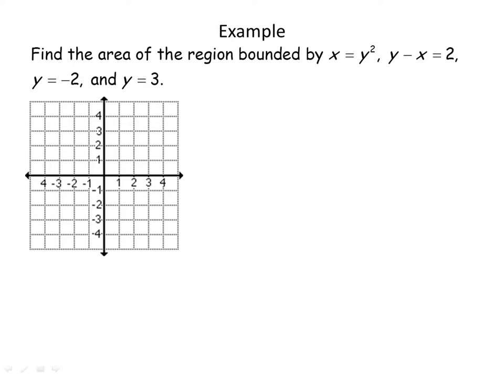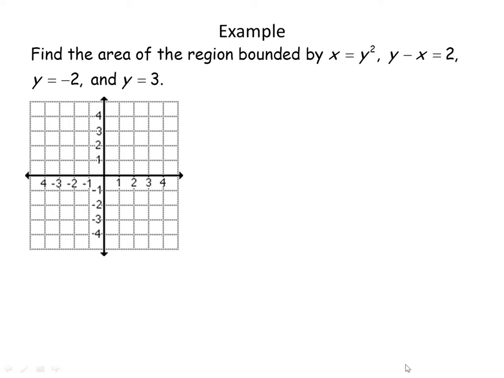I, for one, cannot do that. I'm a visual learner, and so I have to graph it in order to know what's going on. If you know what's going on without having to graph it, fine. Don't graph it. But I cannot do that.